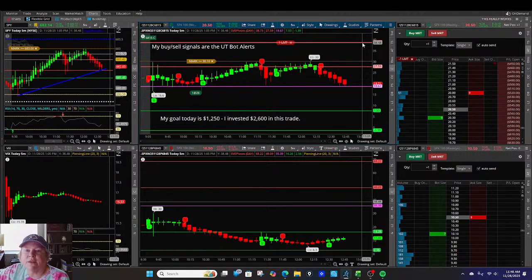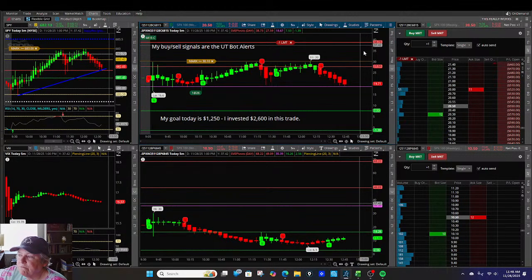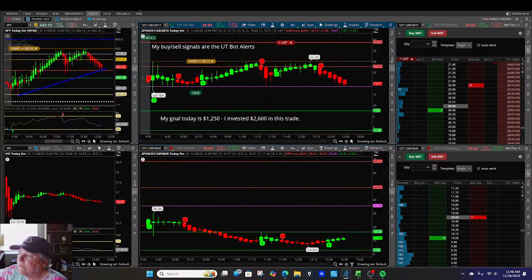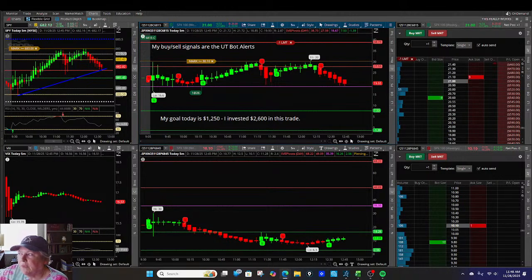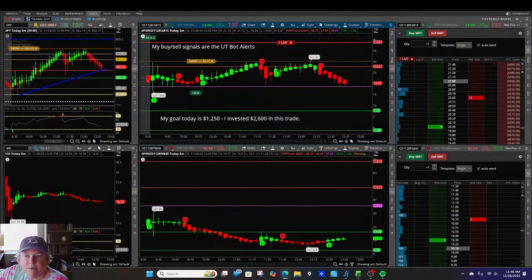I think that's going to happen today, but we will see. Sometimes you have to adjust your trend line. And that's what you do when you have a chart up. You just continually do that. That's what I'm doing when I'm sitting here.